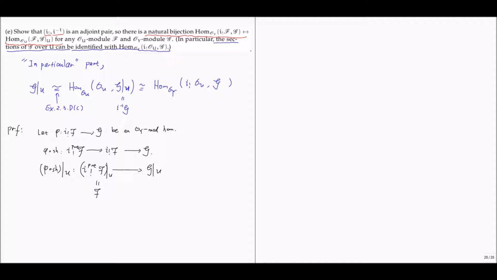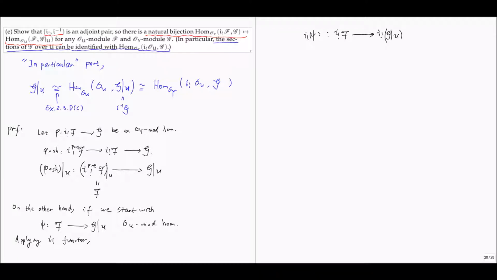On the other hand, if we start with a map in here, an OU module Hom, and we apply the I shriek functor to the morphism of sheaves, we will get this.